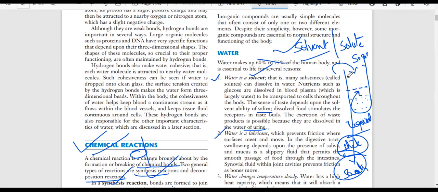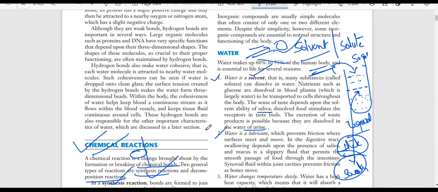So we have small particles of the sugar present in this water, and it is very easy to travel. If you pour this onto the land, it will be easy to travel. But if you pour sugar on the floor, it will stick in one place.